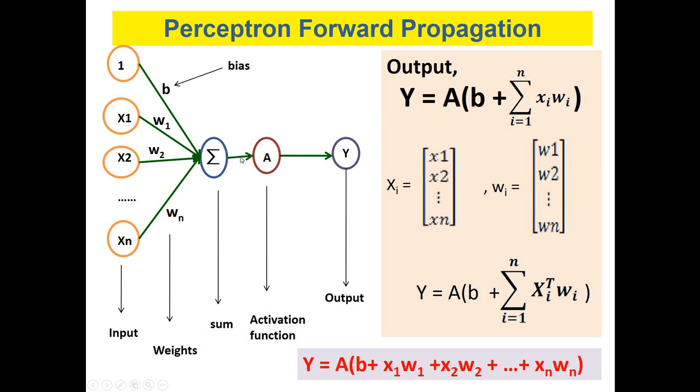After that it goes through an activation function, which is the activation of the sum that has gone through b plus the summation of all these. So you pass it through an activation function, and after that you get the result y. So you can write y is equal to the activation of the sum.